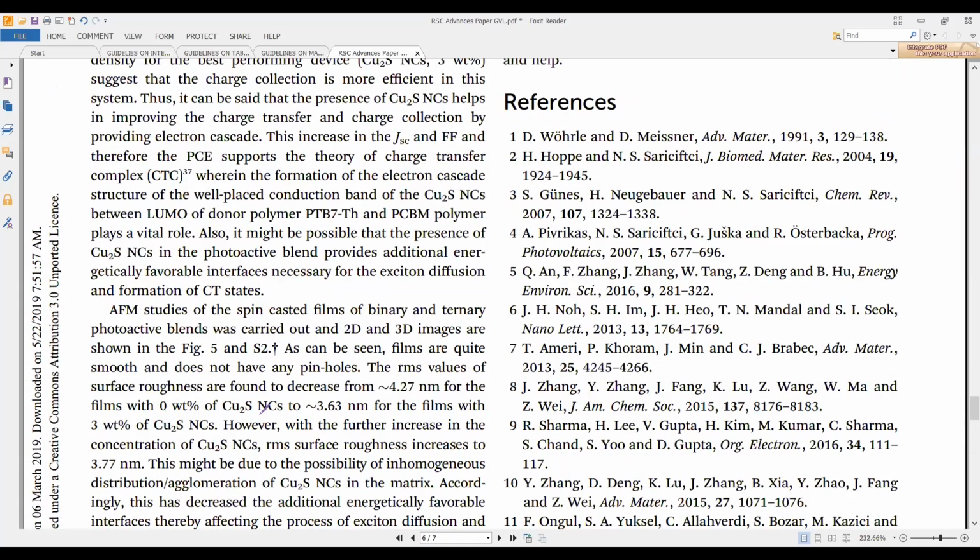You can acknowledge your institution, you can acknowledge people, you can acknowledge instrumentation centers from where you carried out the characterizations and all. References, yes, these references.